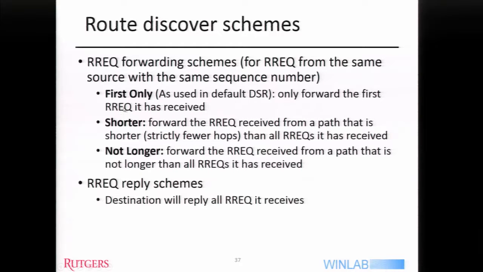It may just forward the first route request it receives, or it may forward a route request received from a path that comes from a shorter path than all route requests it had received. So another general solution is that a node may forward a route request received from a path that is not longer than all previous route requests it has received.